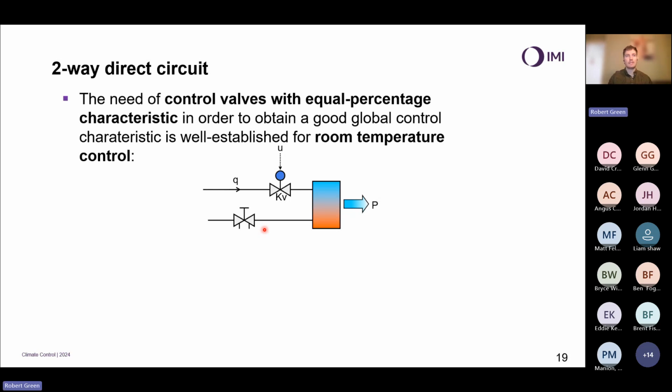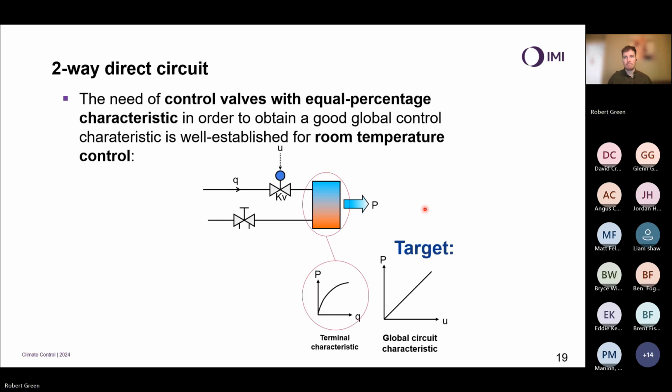And there's something called an equal percentage characteristic control valve that is extremely important for room temperature control, because my target is to have a linear characteristic between my input to my circuit, i.e. my control input, and my output, i.e. how much heating or cooling power I'm delivering to my room, to my process, whatever it may be. And we have a number of things that make up this. We have my terminal characteristic. Again, this is a thermal characteristic of a coil. We can't really change that. When we've selected a coil, that's what it is.